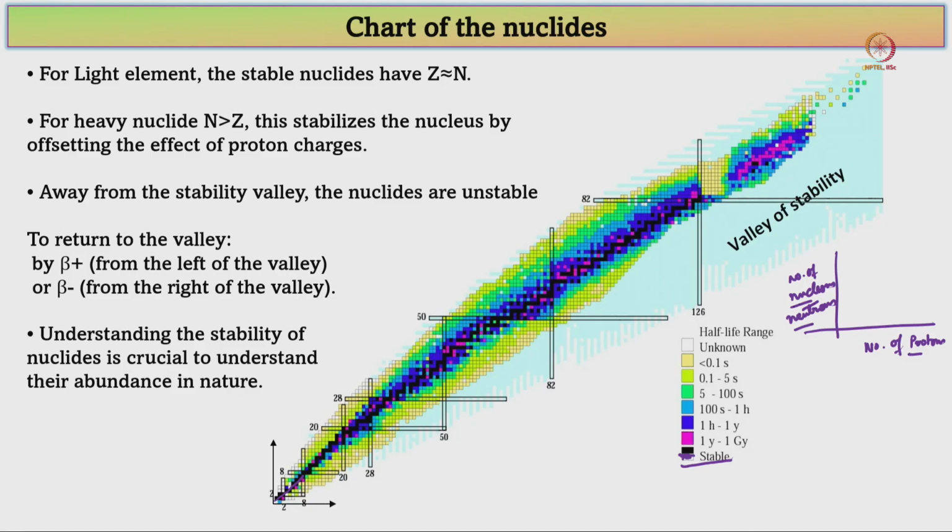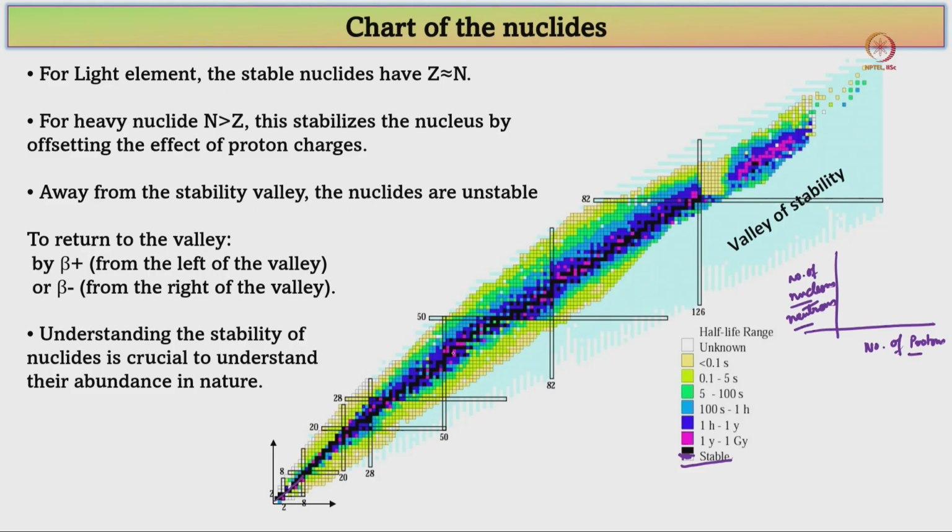The pink ones, as you can see in between, there are a lot of pink boxes. They have a half life which varies between 1 year to 1 billion years. Then we have the blue ones which can vary between 1 hour to 1 year, and we actually have another blue which can have even a shorter lifespan.